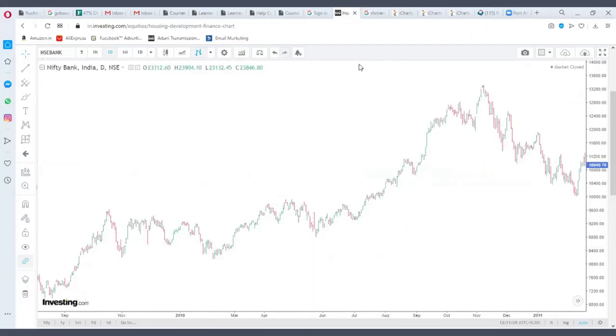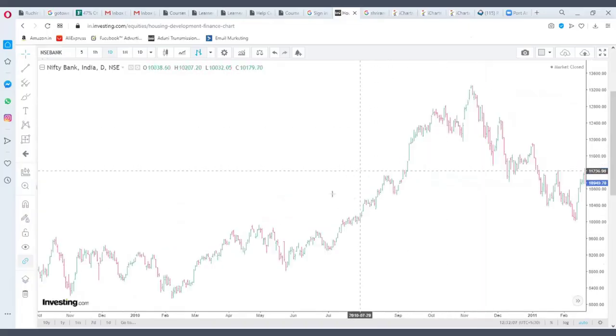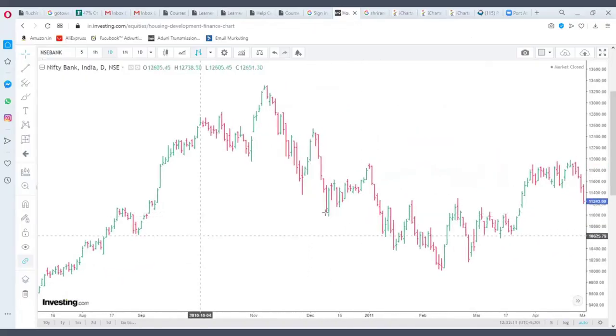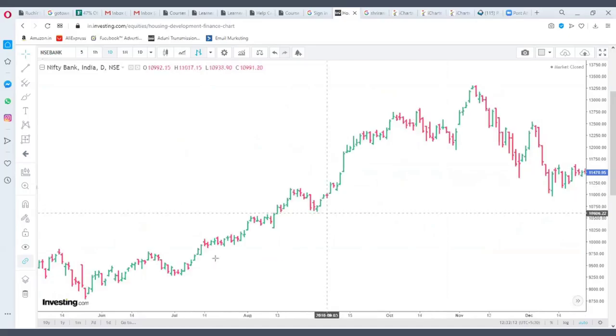Chart is not visible. Chart is visible, I have shared the chart. Excel is not visible, no problem. We have already taken the date 24th of July 2010. Okay, so again the weekend has come, no problem.